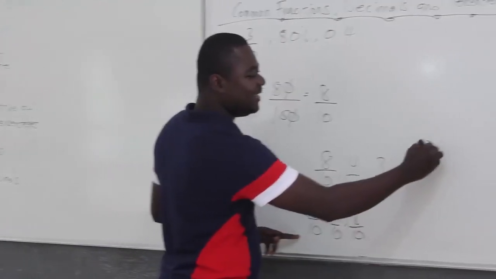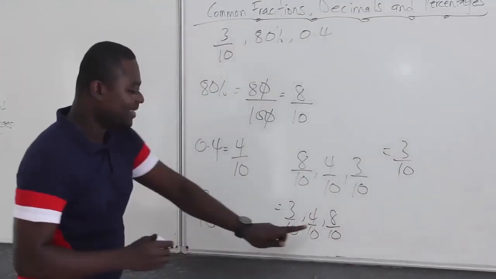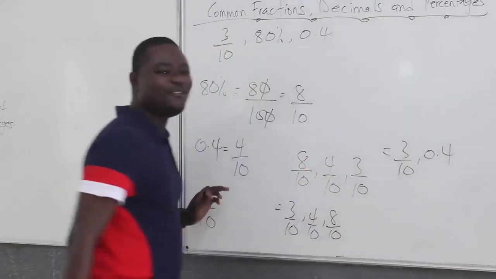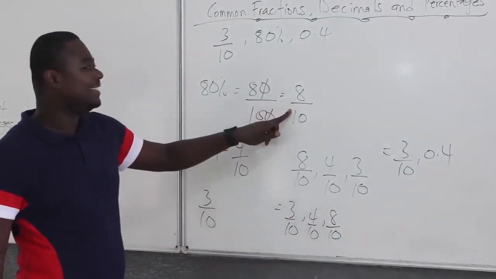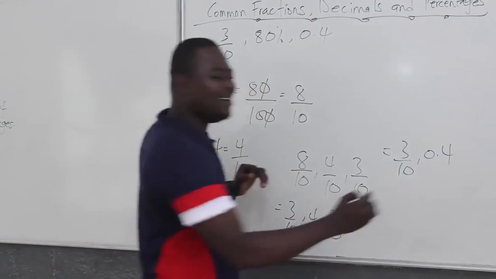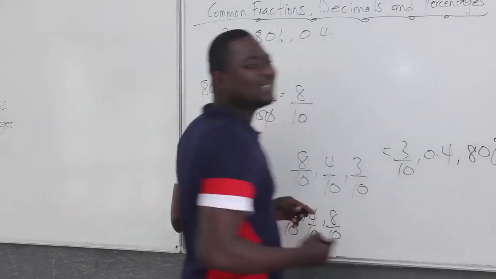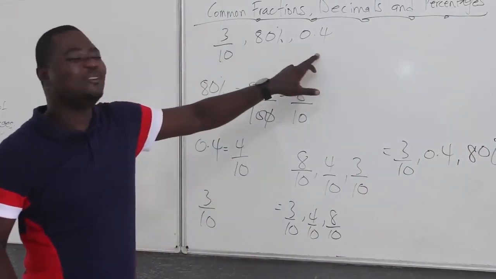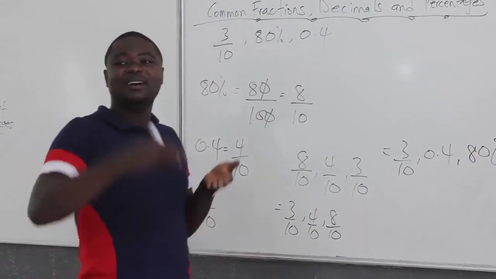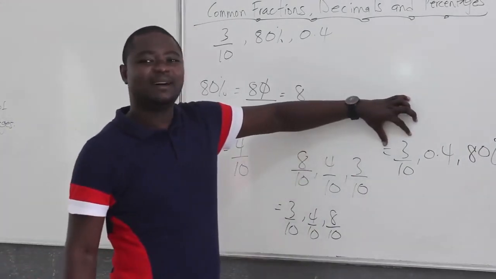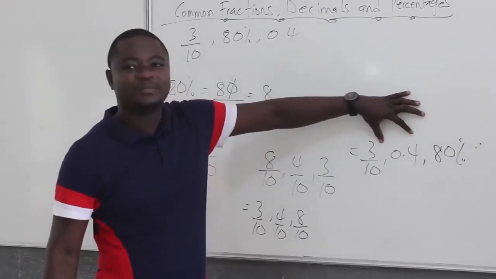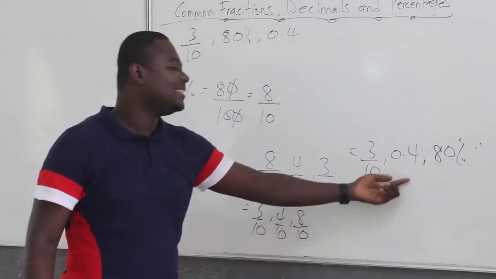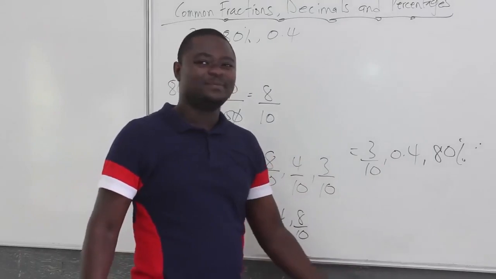So 3/10 is still 3/10, 4/10 is now 0.4, and 8/10, the question was 80%. So in ascending order, 3/10 is the least number, followed by 0.4, and 80% is the greatest among them. So in ascending order, 3/10, 0.4, 80%.